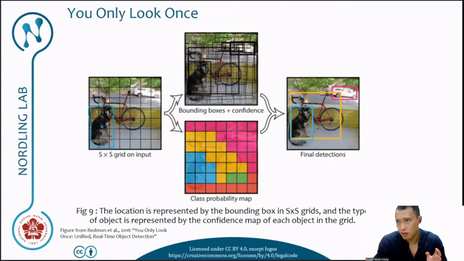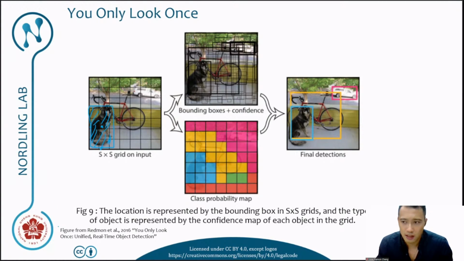So all of these grid cells are going to tell me that they see a dog around them, but this is the grid cell that will be responsible for telling me that there's a dog. That's why you see here this shade of blue, because all of these grid cells would be telling me there's likely a dog in here.